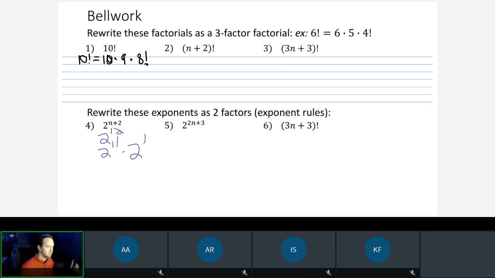People in chat. Yeah, n plus 2 minus 1 is n plus 1. So I can rewrite this as 2 to the n plus 1 times 2 to the first.